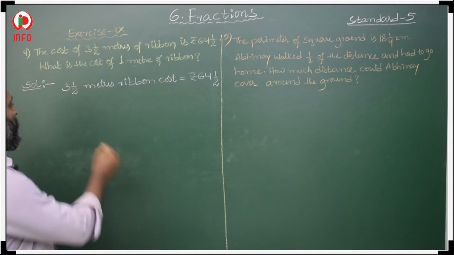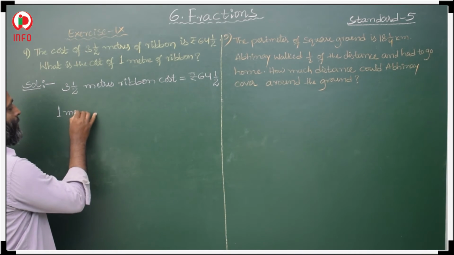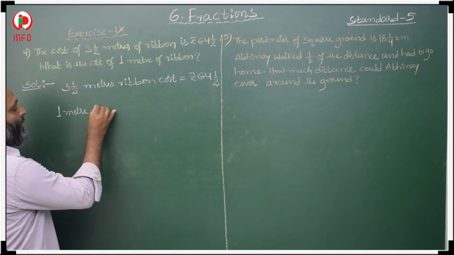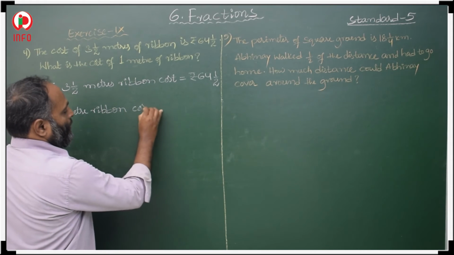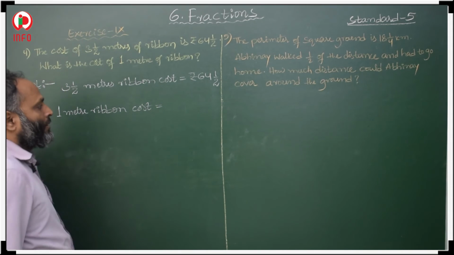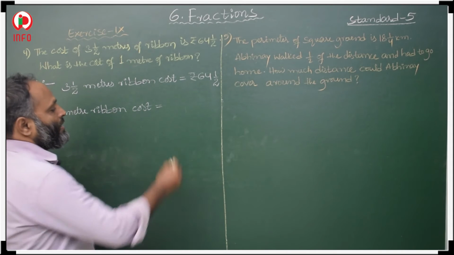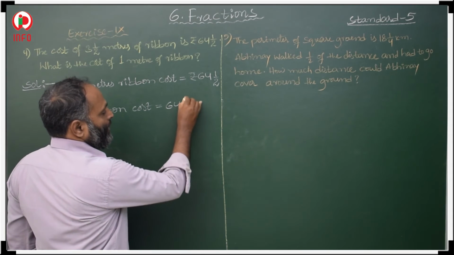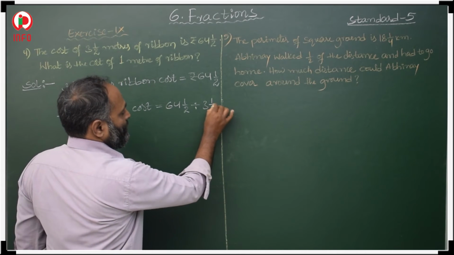Then we have to find the cost of 1 meter of ribbon. 1 meter ribbon cost is equal to, so we have to divide this with this. The total cost 64 1 by 2 we have to divide with 3 1 by 2.